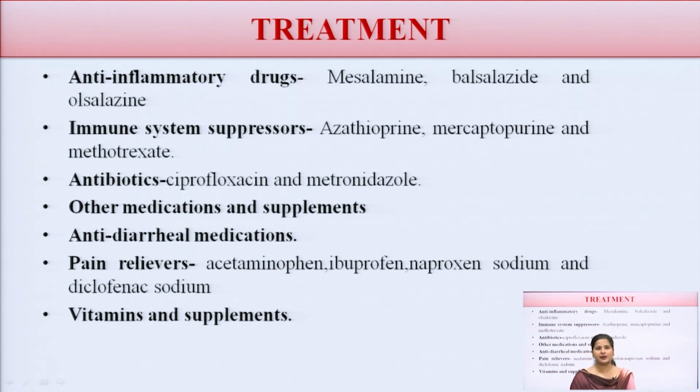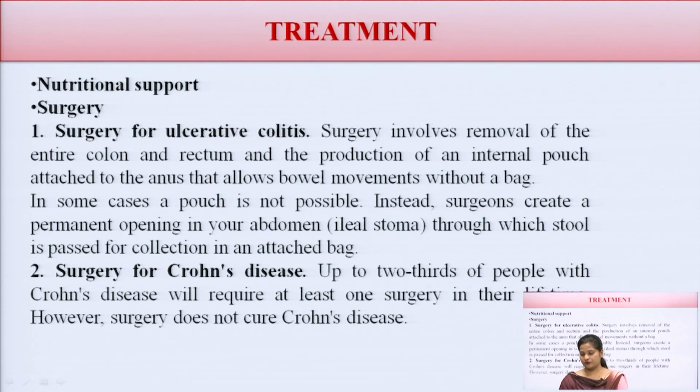Other medications and supplements include antidiarrheal medications and pain relievers such as acetaminophen, ibuprofen, naproxen sodium and diclofenac sodium. There are also vitamin supplements used for the treatment. Then nutrition supplements, where some nutrients are given to the person for nutritional support.